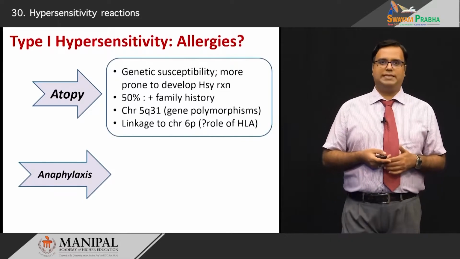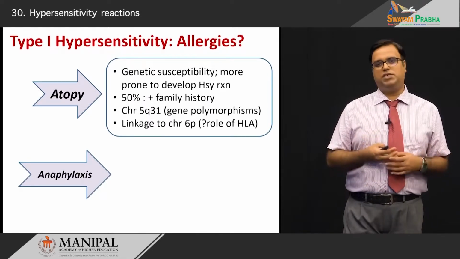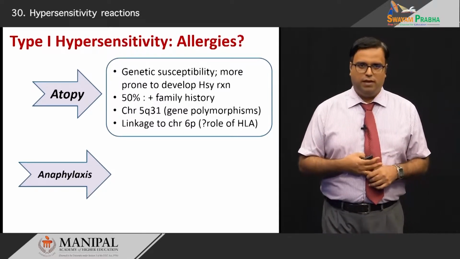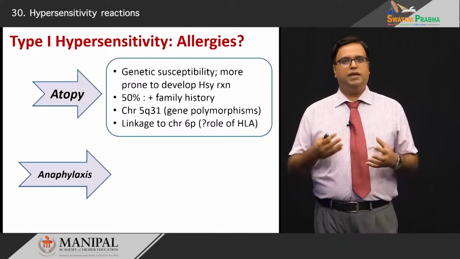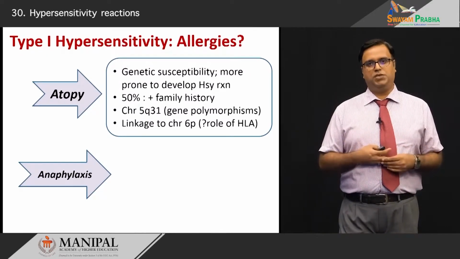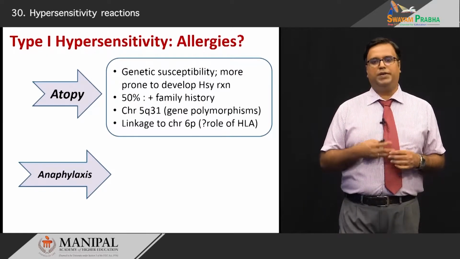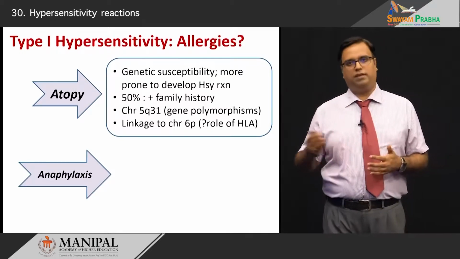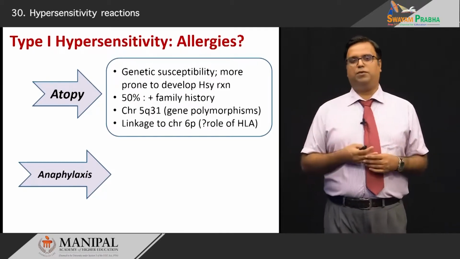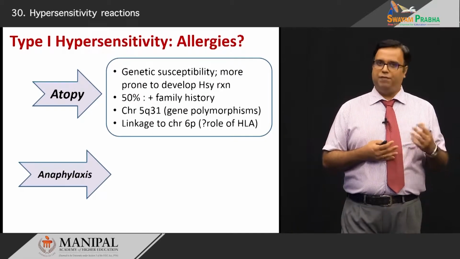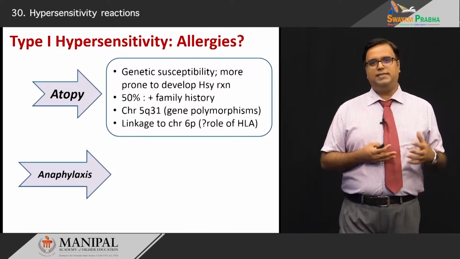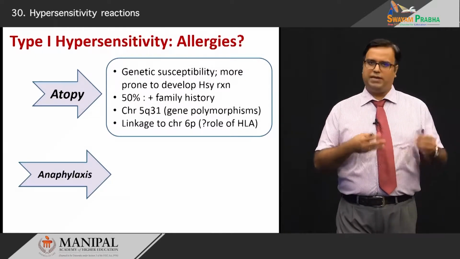Now, what are the examples that we cite under type 1, having known the pathology behind it? We know something called atopy. Sometimes in literature we say atopic individuals. Atopy means certain individuals who have a genetic predisposition or susceptibility to develop type 1 reaction more than the others. Cross-sectional studies have also found that there is a 50% antecedent history of families having a similar disorder.